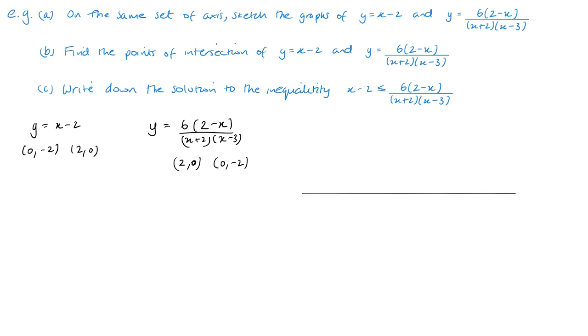So let's sketch our axes, like so. We've got our axes sketched, and x being minus 2 is going to be one asymptote.